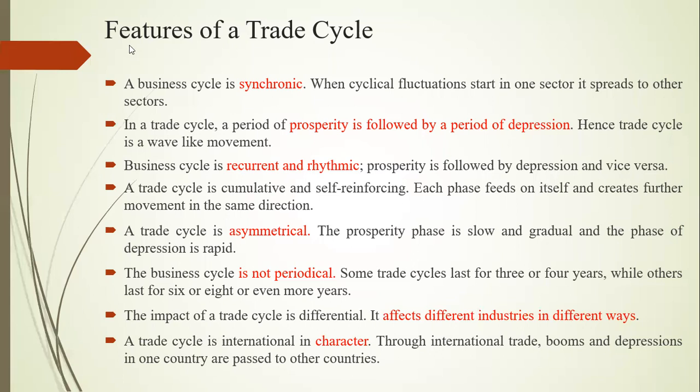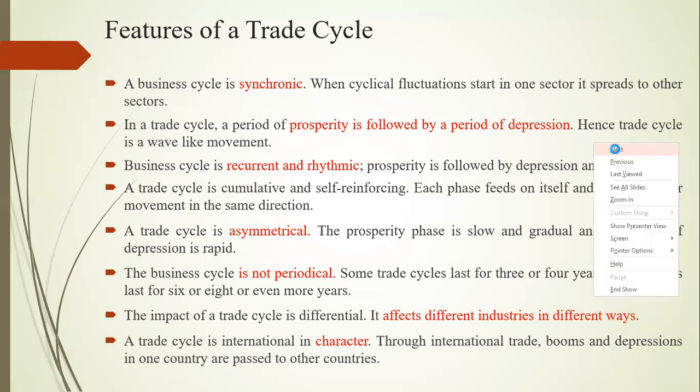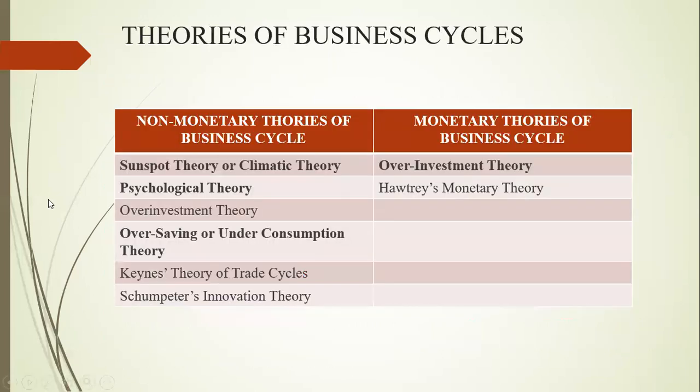The next topic for today's lecture is theories of business cycles, and we will discuss all these theories in detail in the next lecture. Basically there are two classes of theories of business cycles. One is traditional theories of business cycles, and the other is modern theories of business cycles.